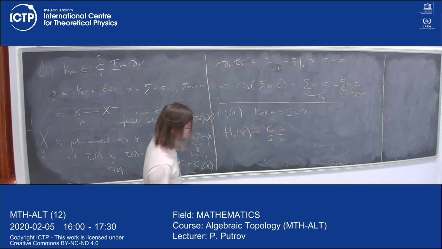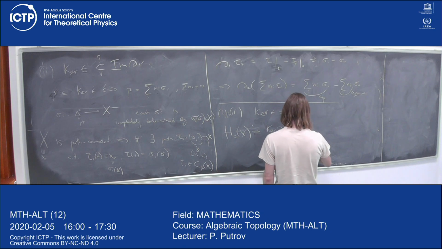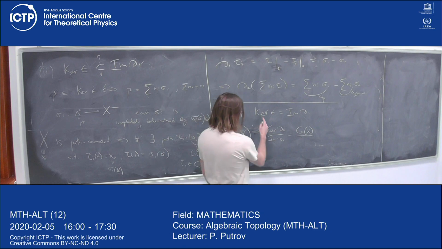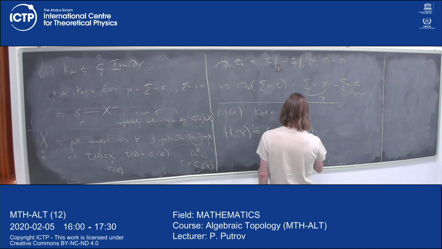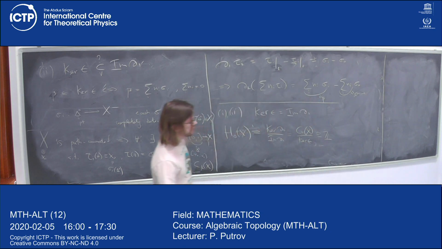So d0 acts trivially on C0. So the kernel is just the whole group C0 of X, and the image we learned is the same as the kernel of epsilon. And this is isomorphic to Z.